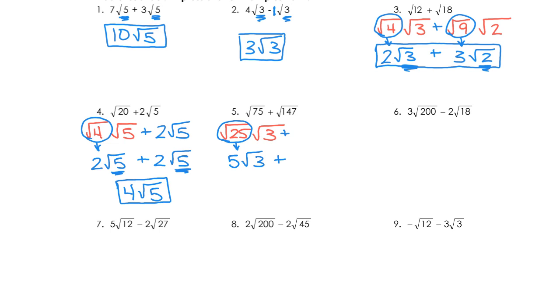And 147, the largest perfect square that goes into 147 is 49. And it goes in 3 times. And we'll go back and we'll circle our square root of 49. And that's going to become 7 square root of 3. And now that they both have square roots of 3, we'll be able to add them together. So 5 square root of 3 plus 7 square root of 3 is 12 square root of 3.